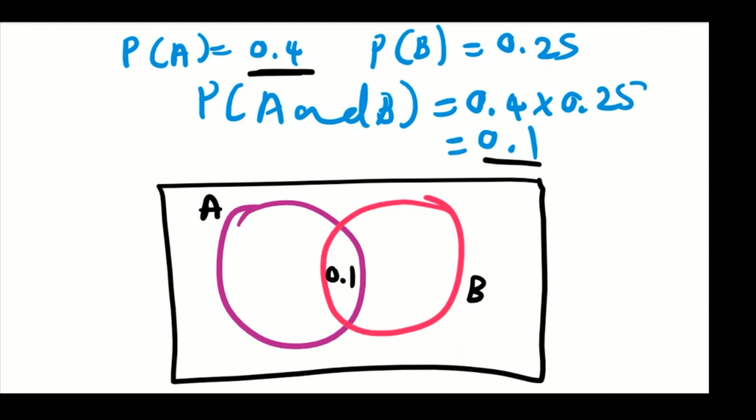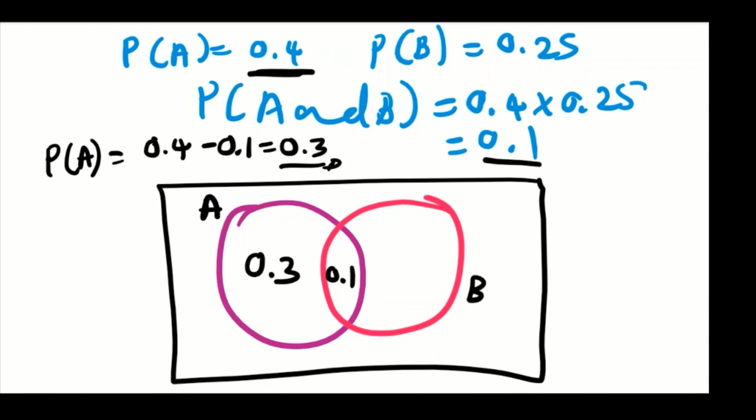Finding the probability of A only and writing it here would be equal to 0.4 minus 0.1, which is 0.3. So you're going to write 0.3 here, and then the probability of B only in this diagram would be the given 0.25 minus 0.1, which is 0.15.